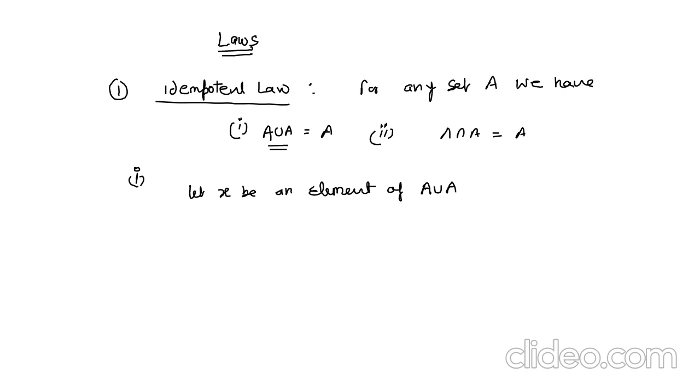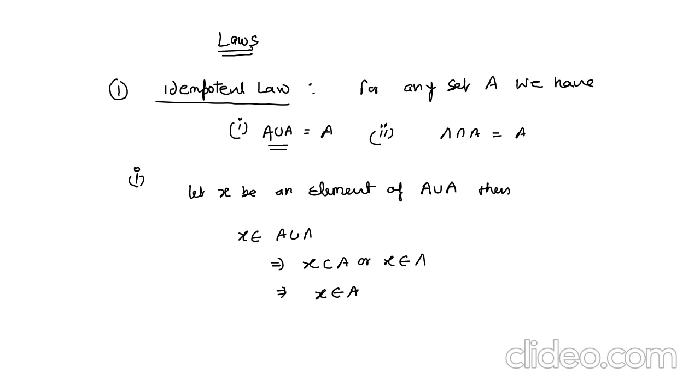So we write x belongs to A union A. This implies, by the definition of union, x belongs to A or x belongs to A. We can write this only once. So this implies that x belongs to A.